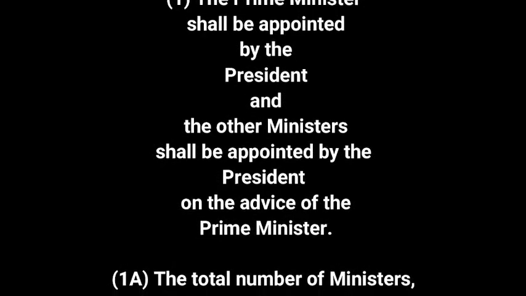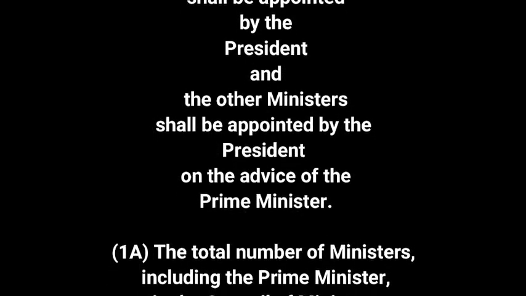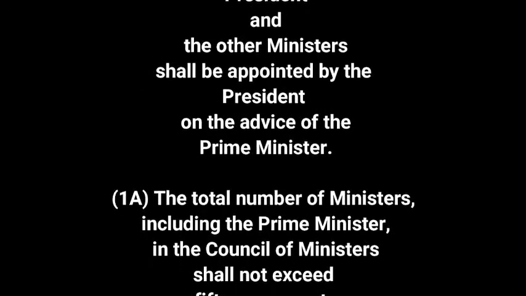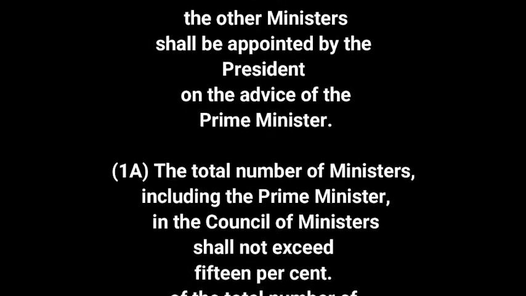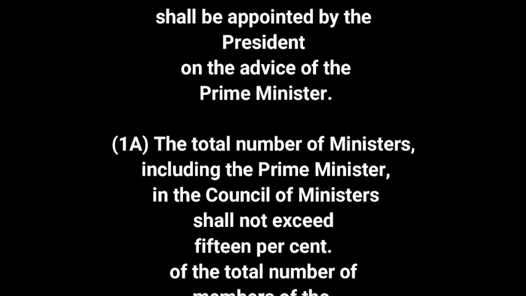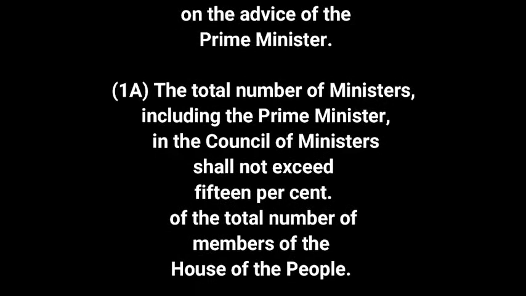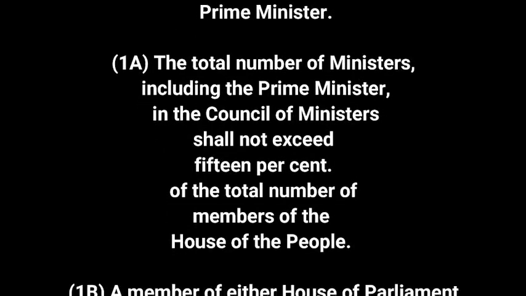1a. The total number of ministers, including the Prime Minister, in the Council of Ministers shall not exceed 15% of the total number of members of the House of the People. 1b.